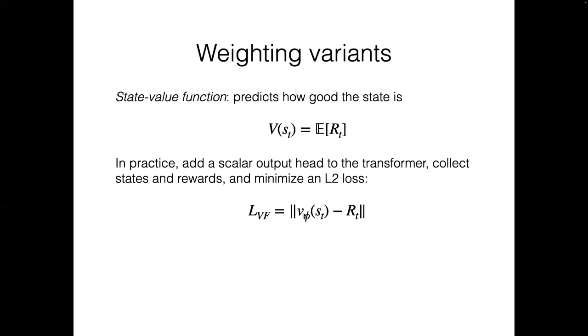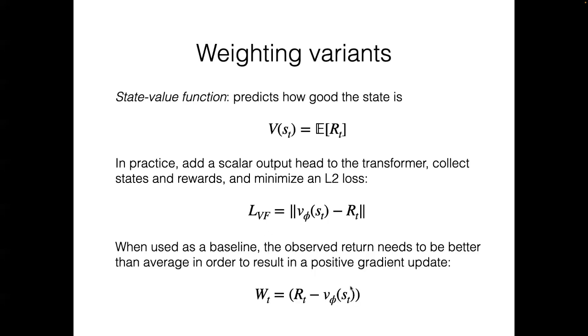So concretely, you can take your language model and add on this extra output head, which again outputs some scalar. And then you could add in this extra loss function, which says, given my current state, is it correctly predicting the return from this state? And then you could use this as the baseline. And it has this nice interpretation.